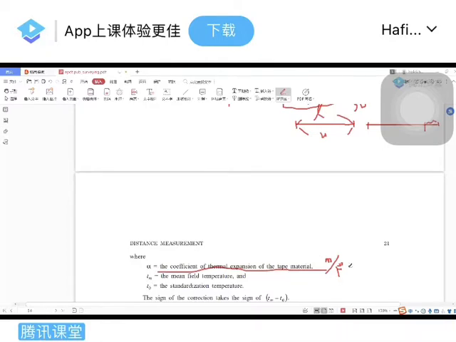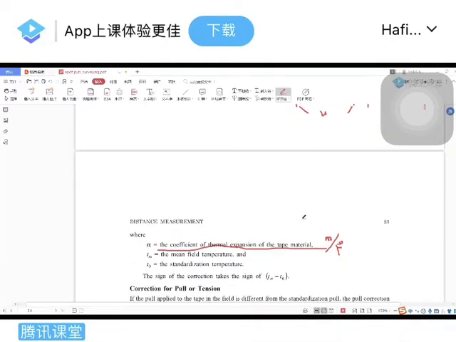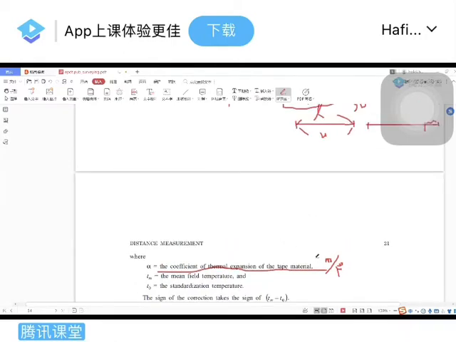If the temperature is higher, you tend to have many more meters. If alpha is higher, it means that for every 1 Fahrenheit, you have a higher expansion.